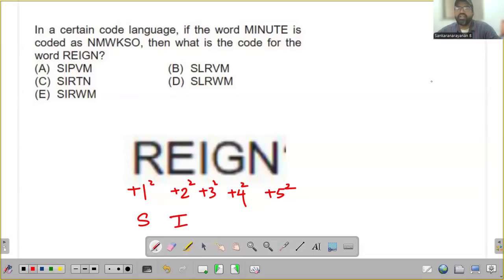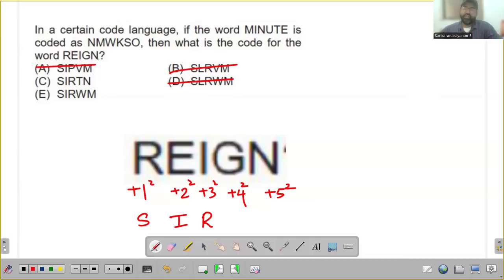I itself is 9. 9 plus 9 is 18. 18 is nothing but letter wise O, P, Q, R. R is the 18th letter. So SIR should come. So SIR means I can eliminate option B, option D, and option A. These three can be eliminated.